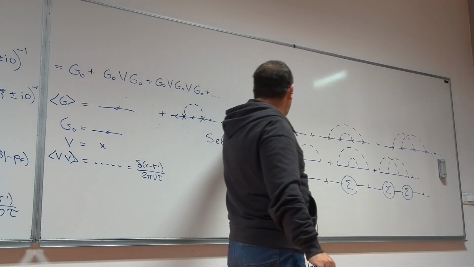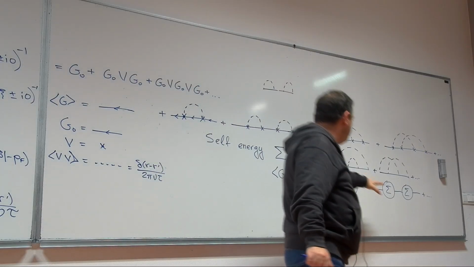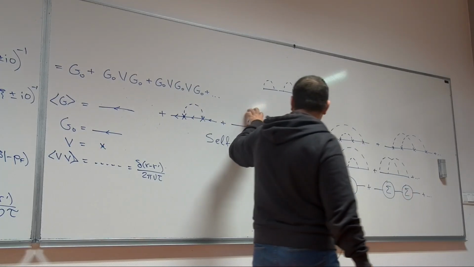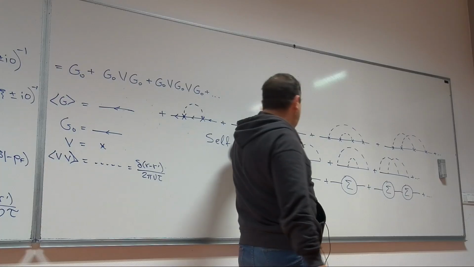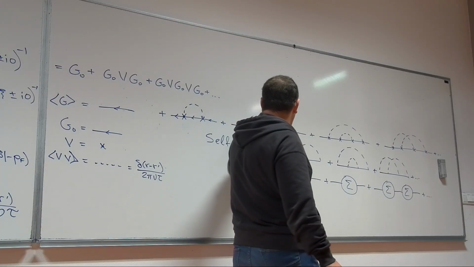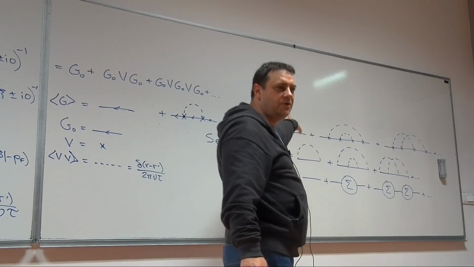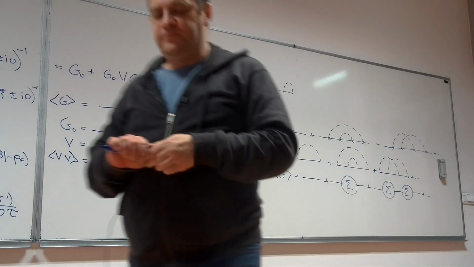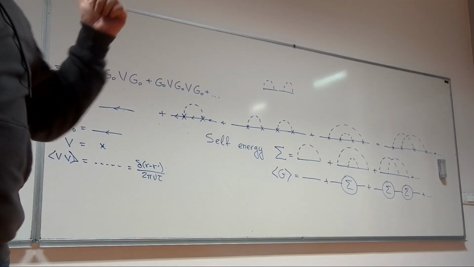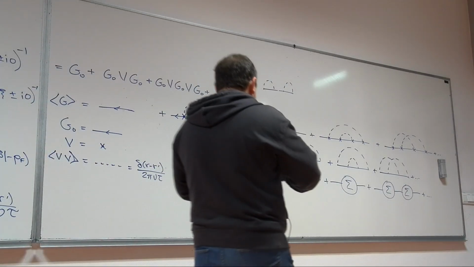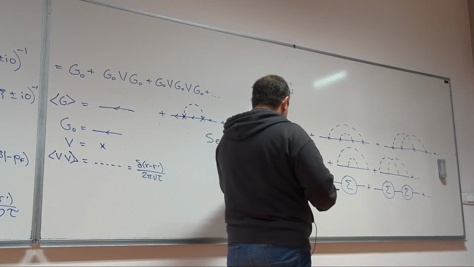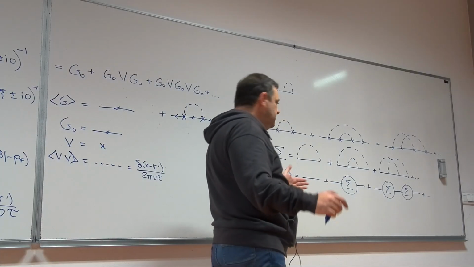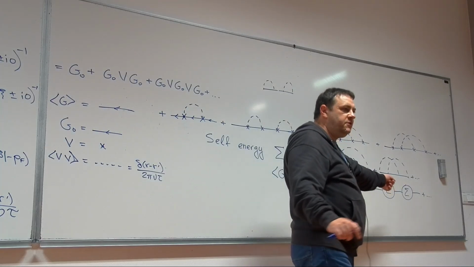That's why this is reducible, and this is a part of this term. It has twice the self-energy here: once from self-energy, and the second time the same part from the self-energy. Is this clear?